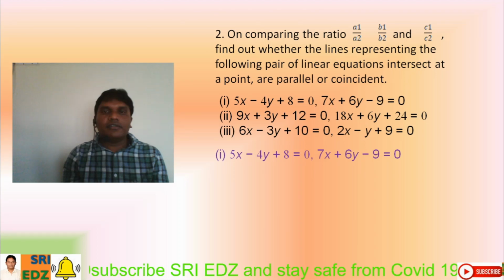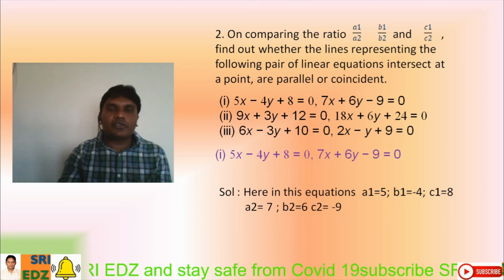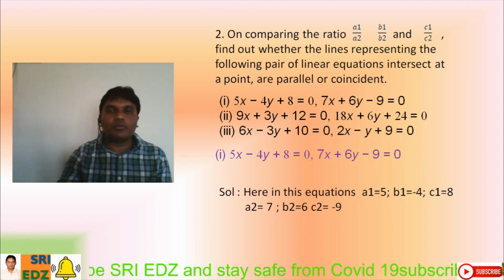First problem we'll see here. Here 5x minus 4y plus 8 equal to 0, and 7x plus 6y minus 9 equal to 0, I took. Here a1 is equal to 5, b1 is equal to minus 4, c1 is equal to 8. And a2, that means the second equation x coefficient, is 7, b2, the second equation y coefficient, is 6, and the second equation constant is minus 9, that is c2.